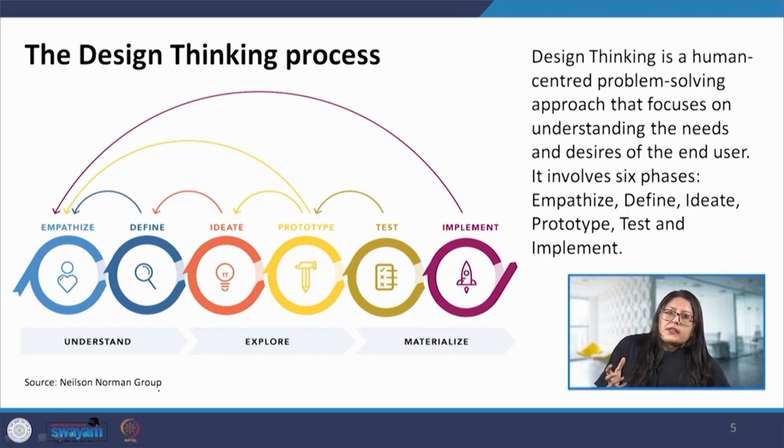So, once we have selected a few good ideas from the whole basket, then we go to the prototype stage. In this prototype stage, this is a scaled down version of what the final model will look like. It is a simple model, it can be a paper model or an interactive digital representation, but using fewer resources.